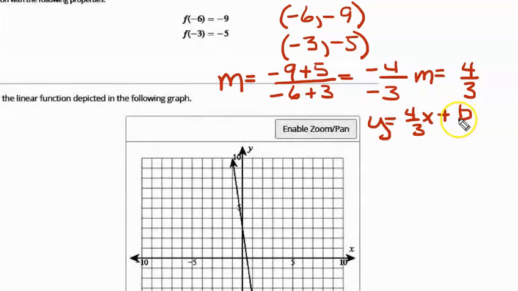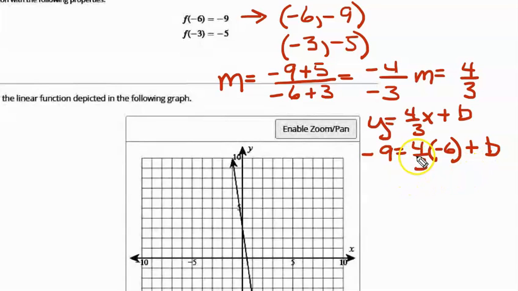Here's the protocol for doing it. Let's use this top one here. Here our y value is -9, and then 4/3, our x value is -6, and what we don't know is our b value.